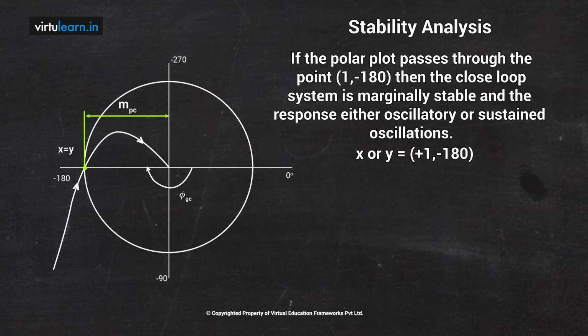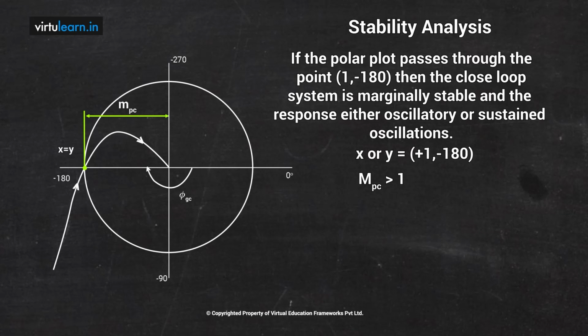Now this polar plot is intersecting the minus 180 degrees line here, and your unit circle is also passing through the same point, which means my omega GC and omega PC are both the same in this case. Then what will be the MPC value? The MPC is exactly 1 because my unit circle is passing through the point where your polar plot crosses the minus 180 degrees line. Therefore, this point's magnitude is 1, that is MPC.